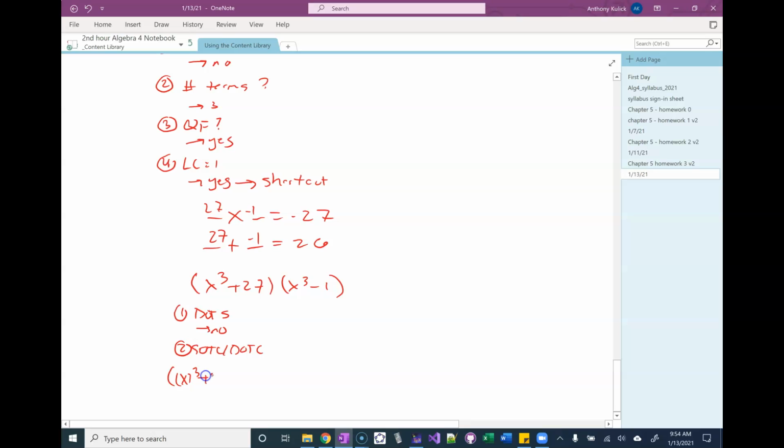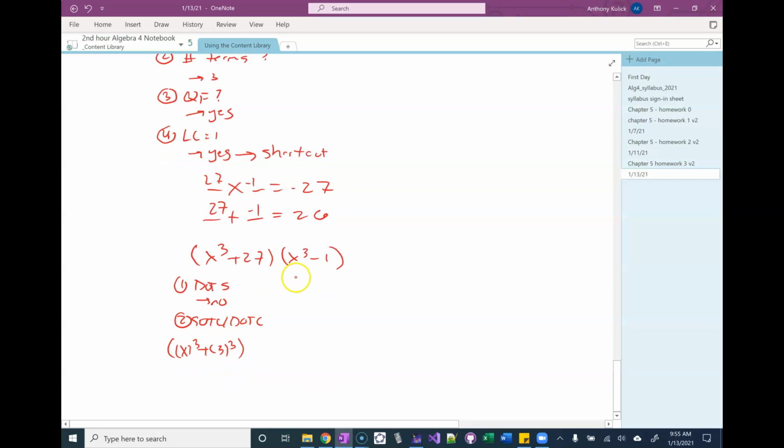We can write this as x cubed plus 3 cubed. Similarly, over here, it's not a difference of 2 squares, but it is a sum or difference of 2 cubes. We could write this one as x cubed minus 1 cubed.